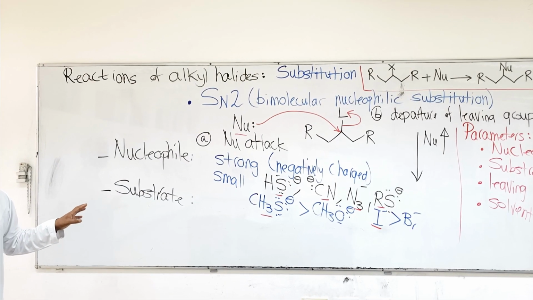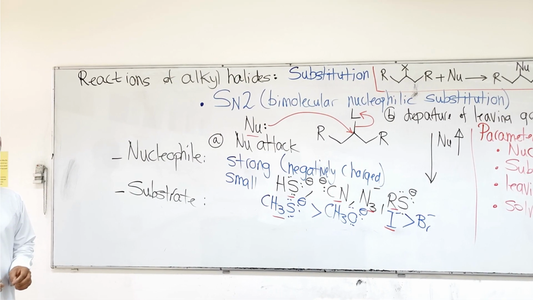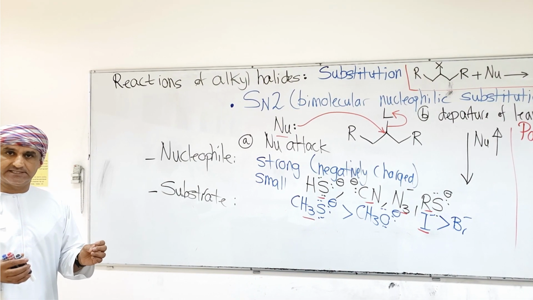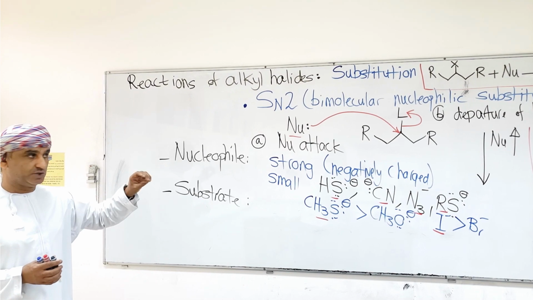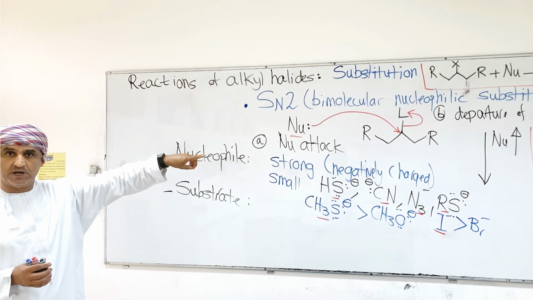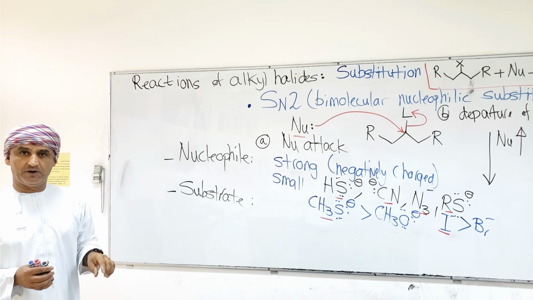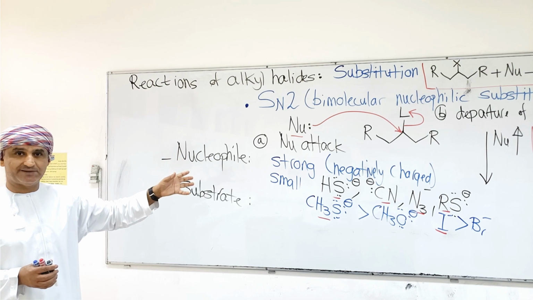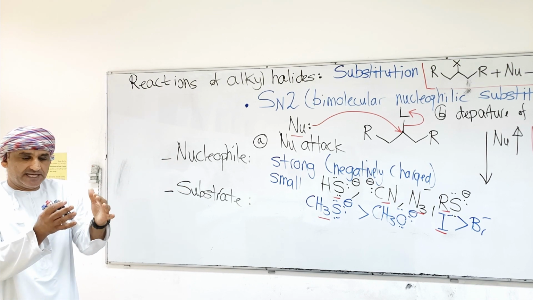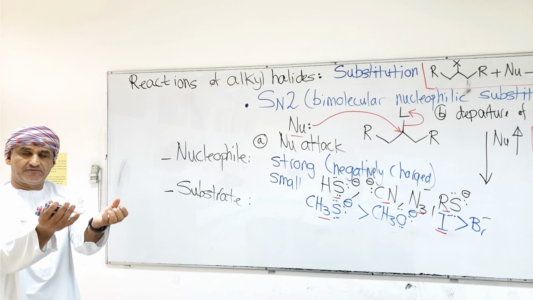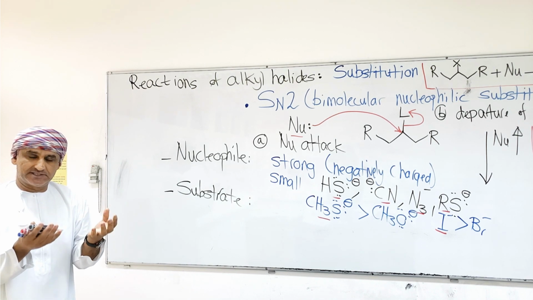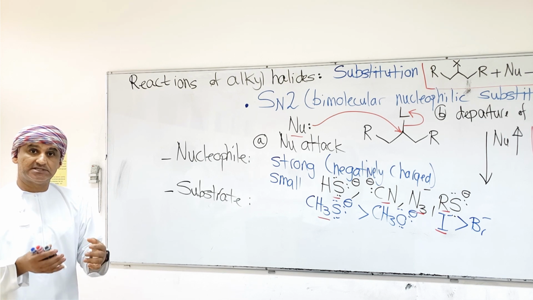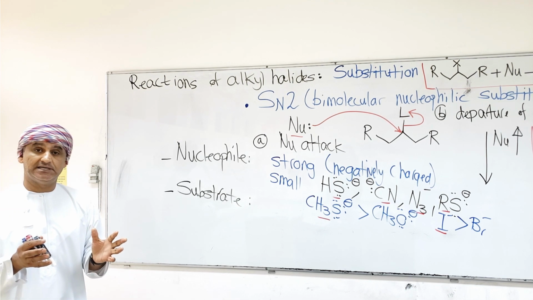The substrate in the SN2 mechanism should be a molecule that facilitates the nucleophilic attack. Remember, the nucleophile attacks the electrophilic carbon with simultaneous departure of the leaving group. We already discussed that the nucleophile should be small and strong. What about the substrate? The substrate should encourage the small nucleophile to come and attack, which means the substrate should not be sterically bulky.